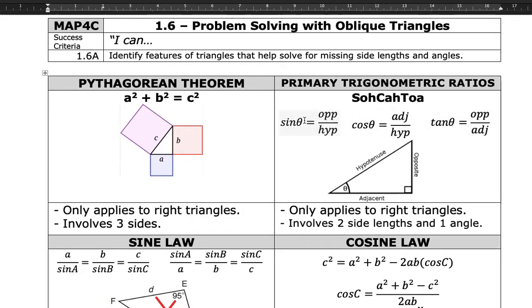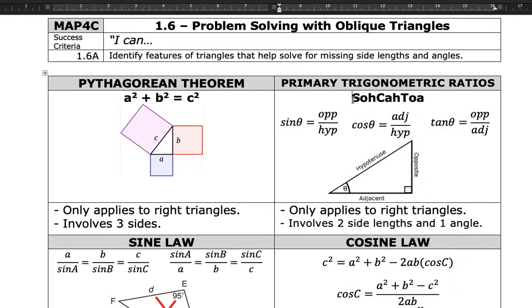There are three primary trigonometric ratios, sine, cos, and tan, and it's a relationship of these sides. So, the ratio of opposite and hypotenuse, for example, sine is opposite over hypotenuse. These lengths make up the sine ratio.